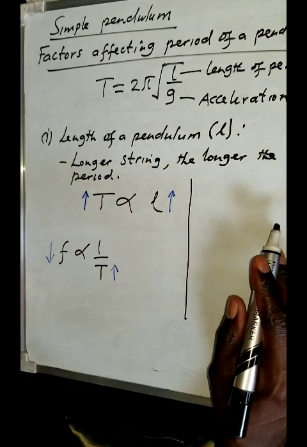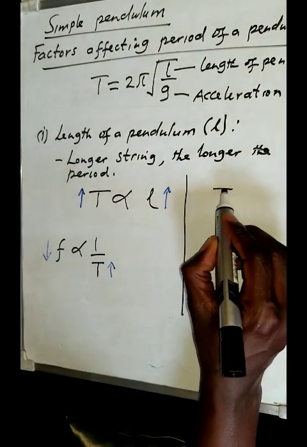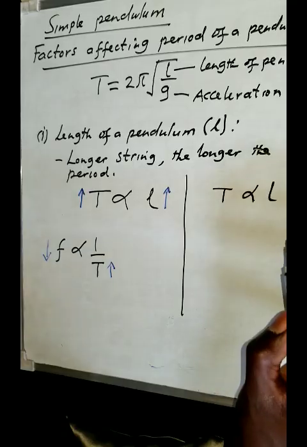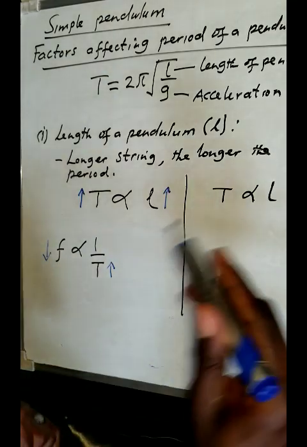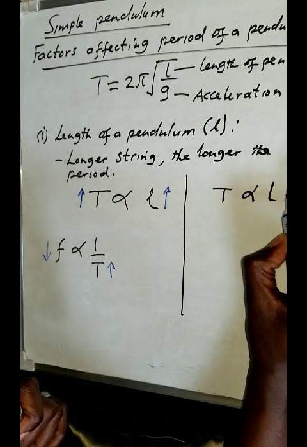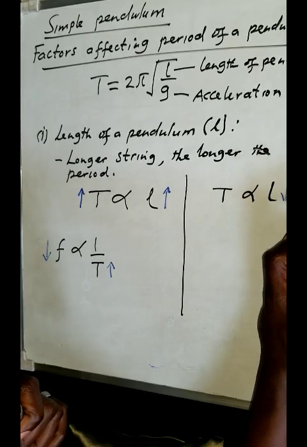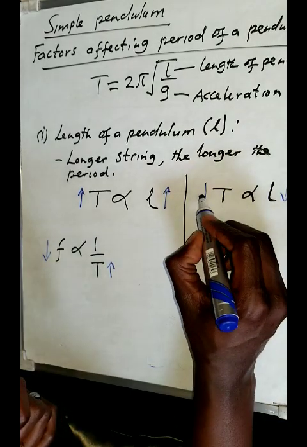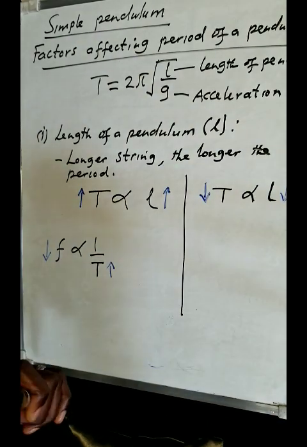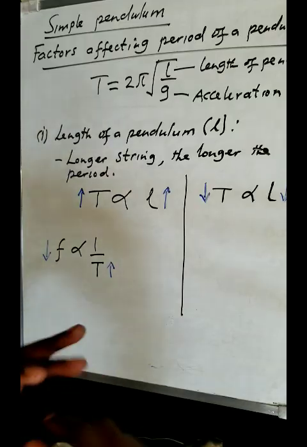What about the opposite? Let's look at it this way. Period is directly proportional to the length. So if you make the string shorter, you decrease it, the period will also decrease. But how does that affect the frequency?